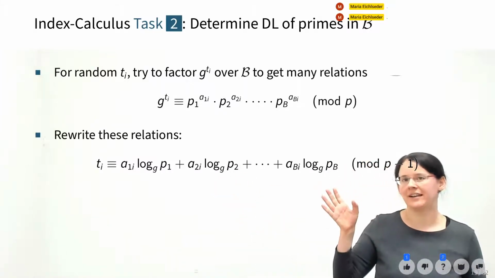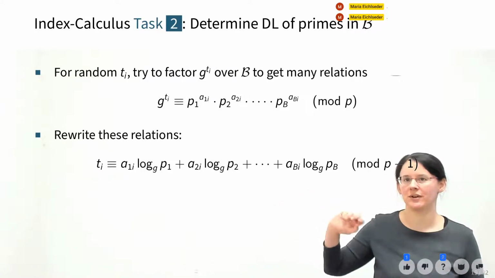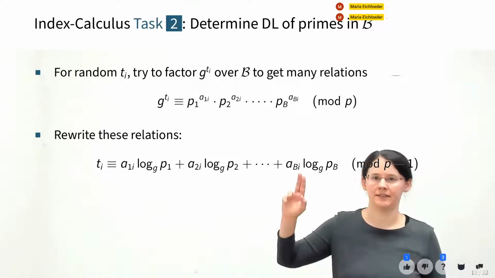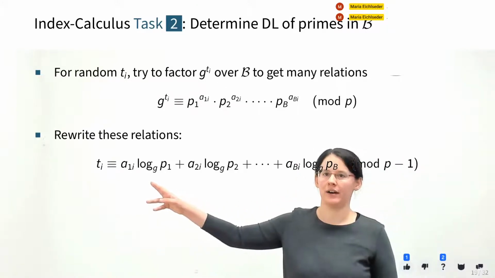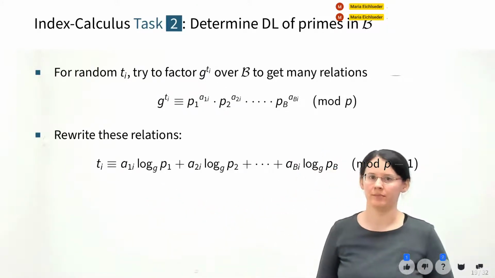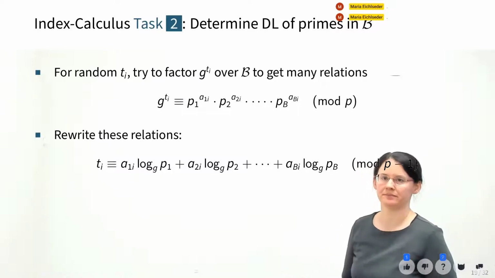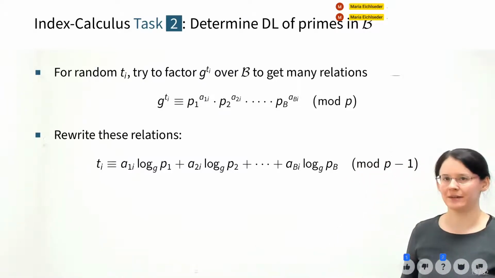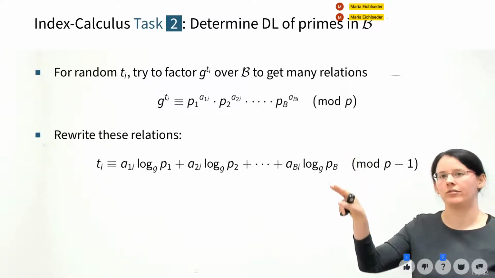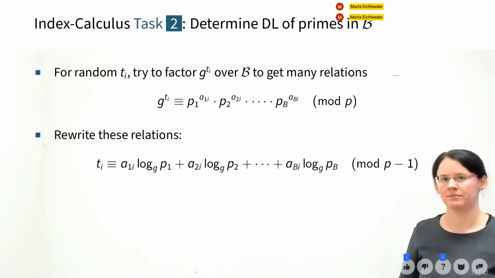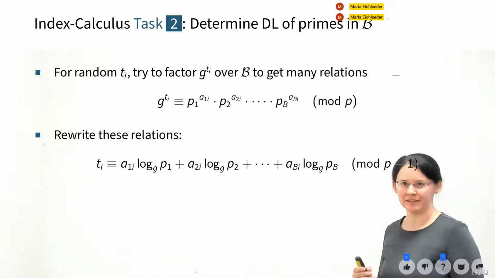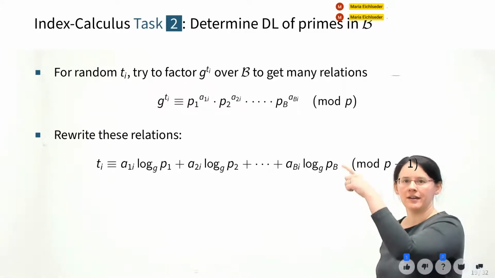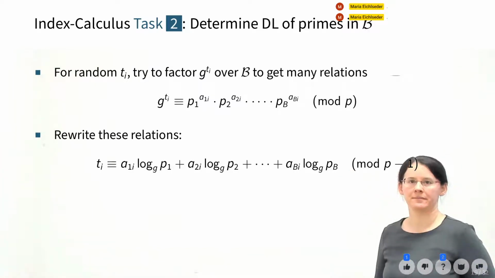So far I can't actually compute these numbers, I can just write it down formally. I know t, I know all the a's, and these logarithms are unknown variables at the moment. These are what I'm trying to find. The good news is that I can do this relatively easily because I can solve very many of these relations. So in other words, I try many t's, try to factor all of them, and each one that factors successfully gives me one of these equations.